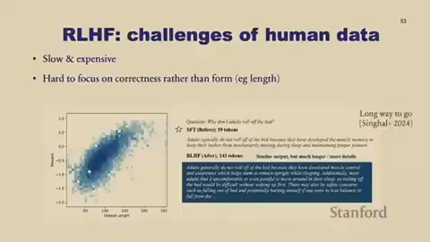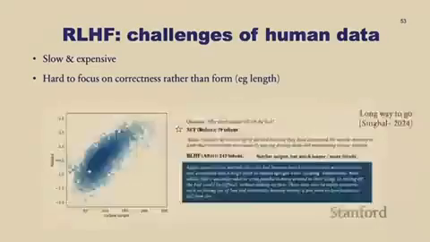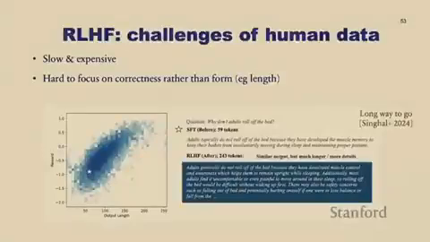Second, as I just mentioned, it's hard to focus on things that matter, like correctness. People usually look at things that don't matter as much, like the form, like length. What I show here is that when you do RLHF, the more you do of RLHF, the longer the output of the models become. So if you've ever been annoyed at ChatGPT answering you with super long sentences, this is because of RLHF.